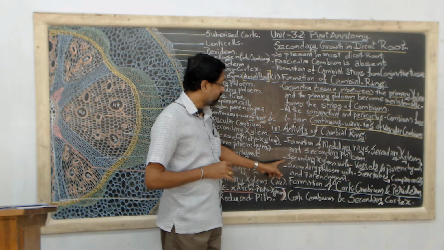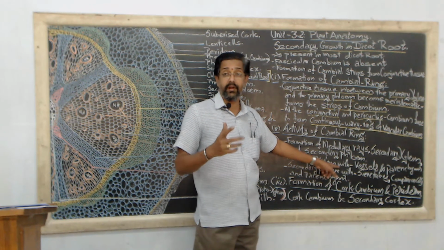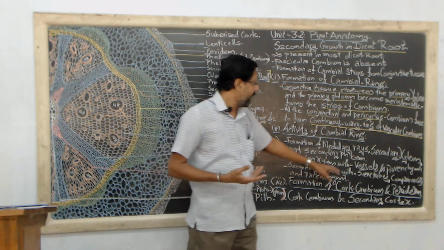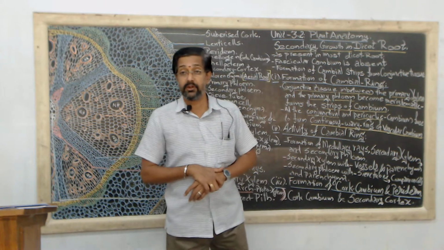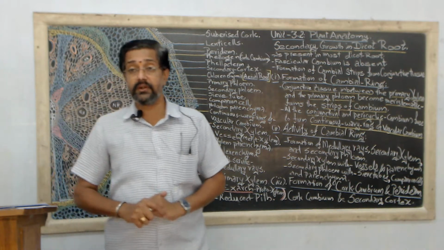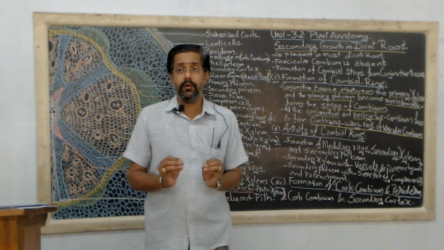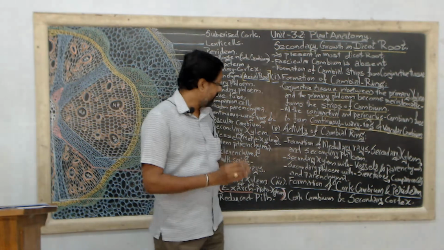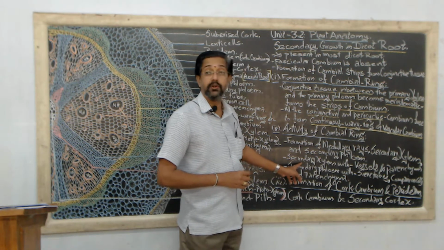Similarly, the derivatives of secondary xylem developed during this secondary thickening possess vessels and parenchyma cells. In addition to the vessels and parenchyma cells, a limited number of tracheids or sclerenchyma cells also develop inside the vascular zone during the secondary thickening cycle.